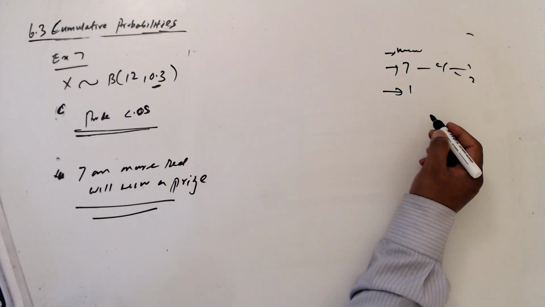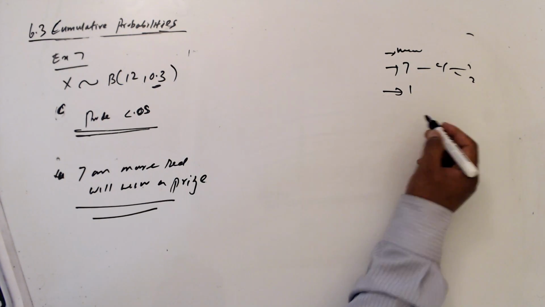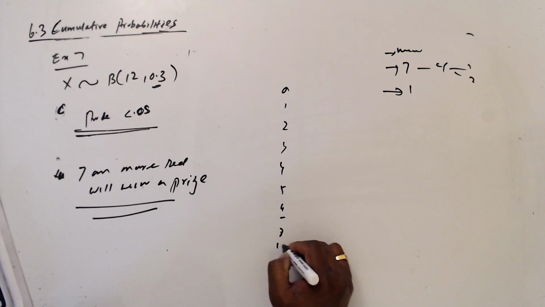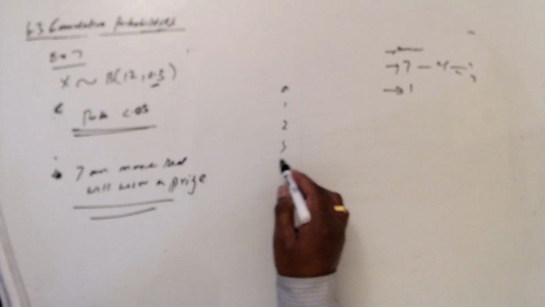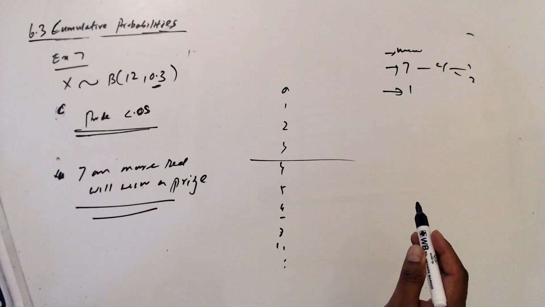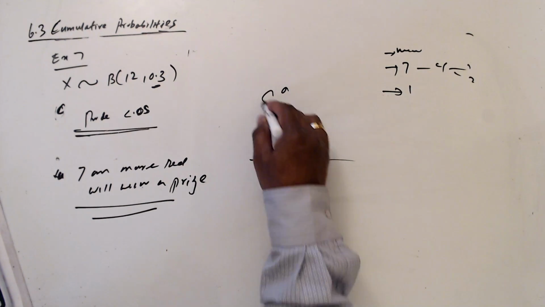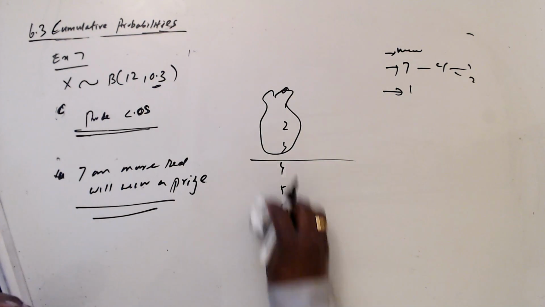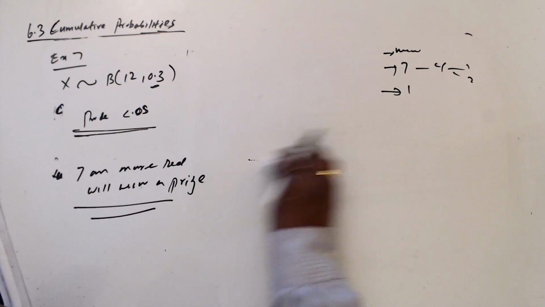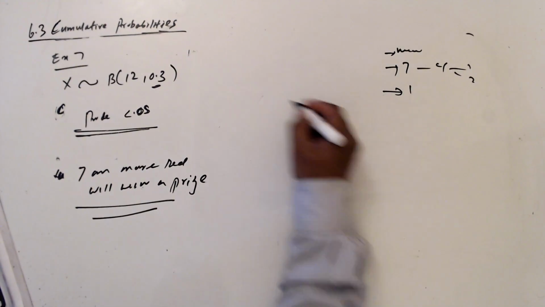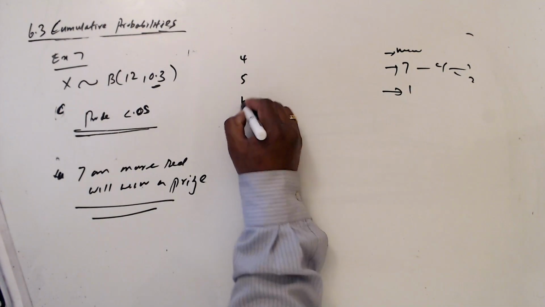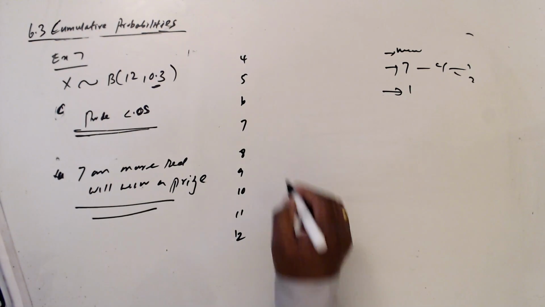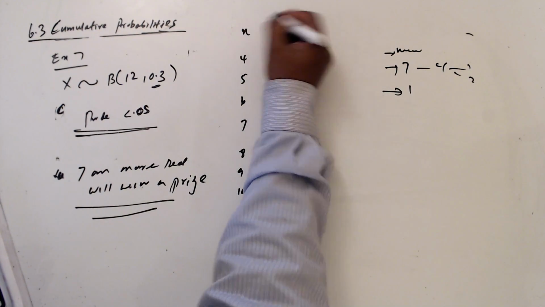Then I can enter from 0 to 12, or I can start from 4, because I know that the lower values are not going to matter. So 4, 5, 6, 7, 8, 9, 10, 11, 12. This is the X value.